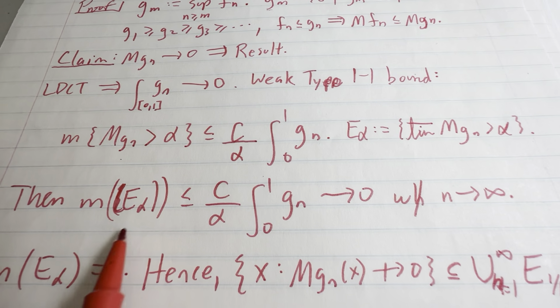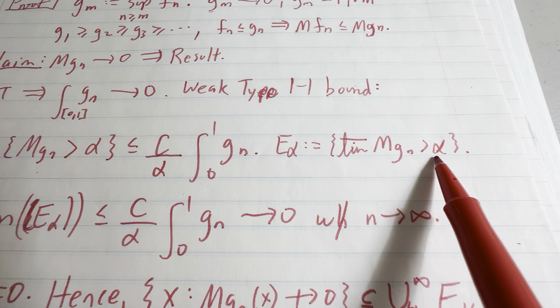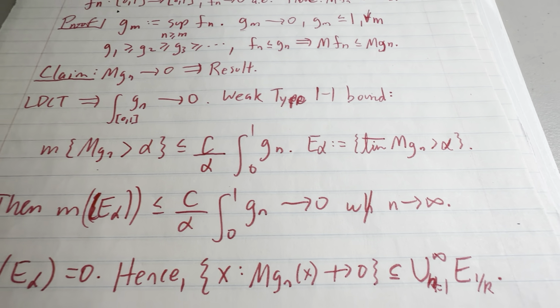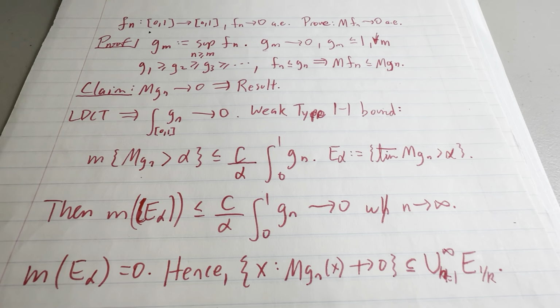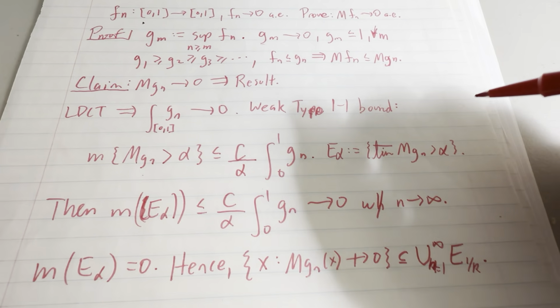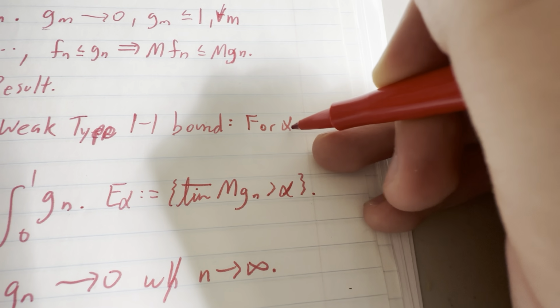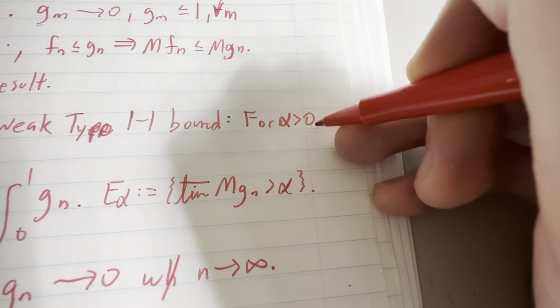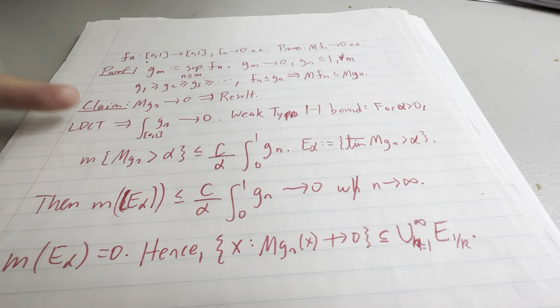Because remember how E alpha was defined. E alpha is defined to be the upper limit of Mgn is bigger than some positive number alpha. I don't think I mentioned alpha's positive here somewhere. I think I just kind of assumed it. So maybe I should make a note of that. So we'll put it here for alpha positive. You have this statement.